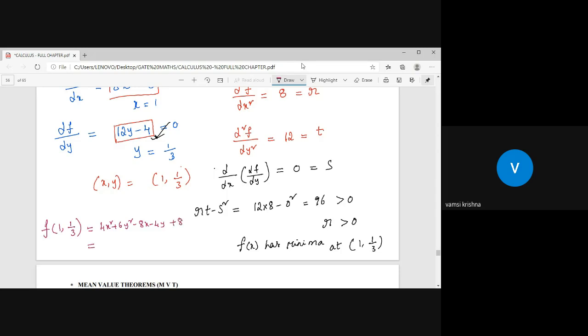In place of x, just substitute 1: 4 into 1 square plus 6 into 1 by 3 whole square minus 8 into 1 minus 4 into 1 by 3 plus 8. If you substitute this, you will get that minimum value. There is a minimum at this point, and if you substitute, you will get what that minimum value is. So here we have the answer 10 by 3. You can do it and also check yourself whether it is correct or wrong.